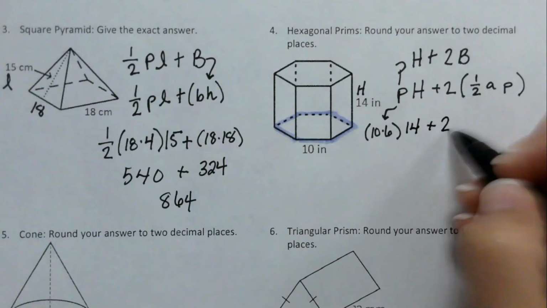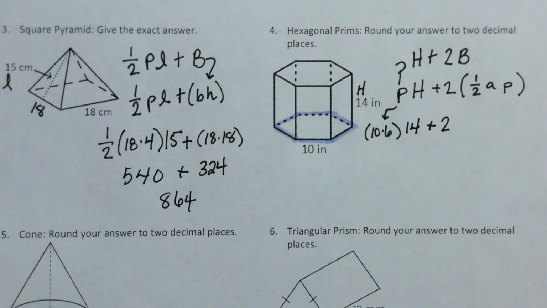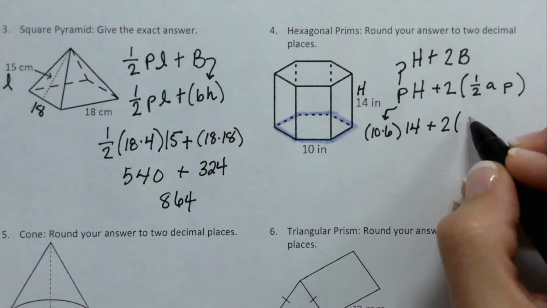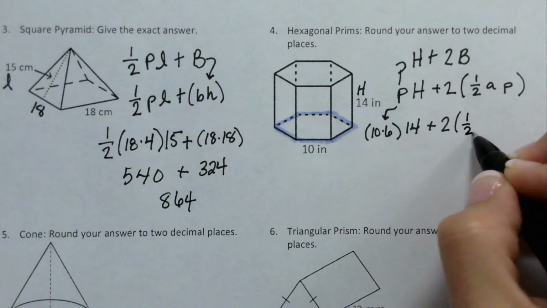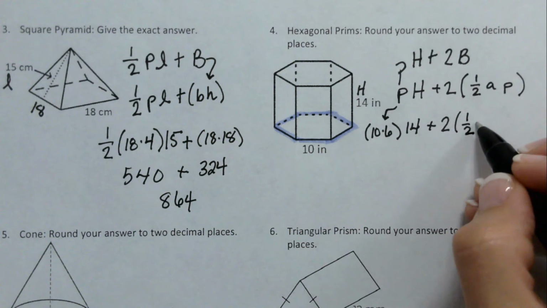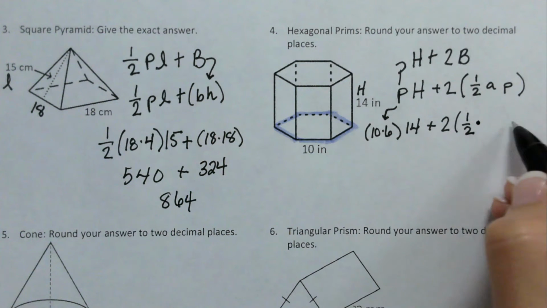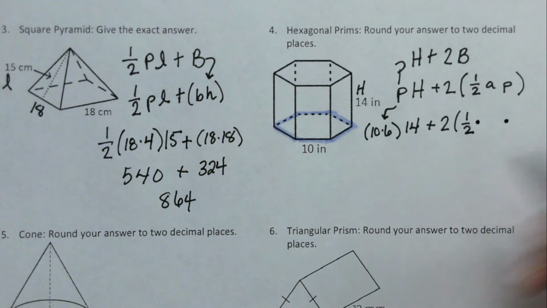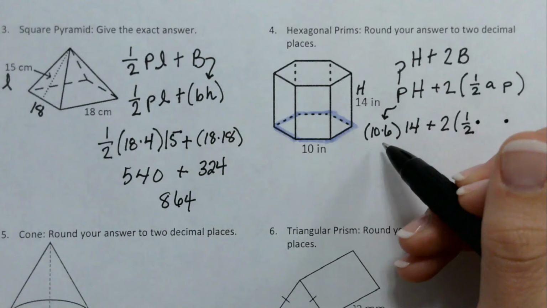Plus 2, and then we'll go ahead and put in my hexagon information. So the hexagon is going to be 1/2 the apothem, which I haven't found yet, times, so we'll leave a space for that apothem, times the perimeter, and the perimeter we already found to be 10 times 6 or 60.